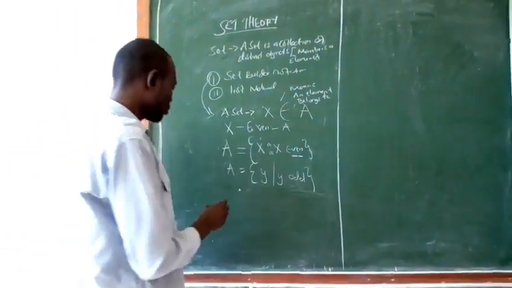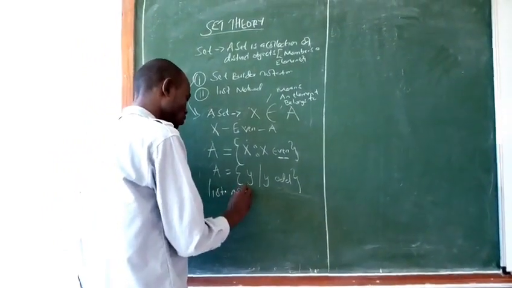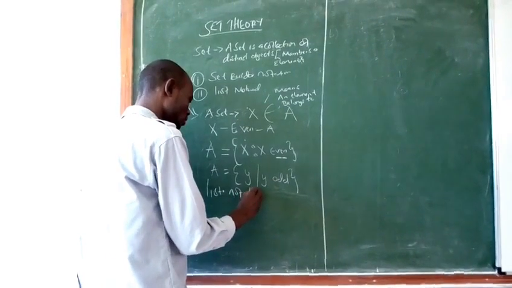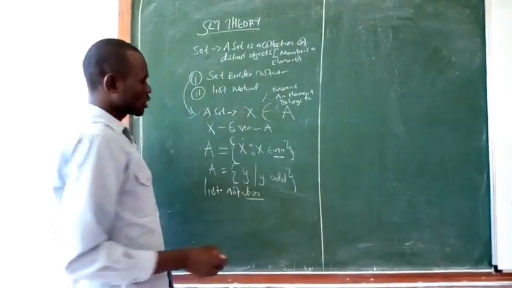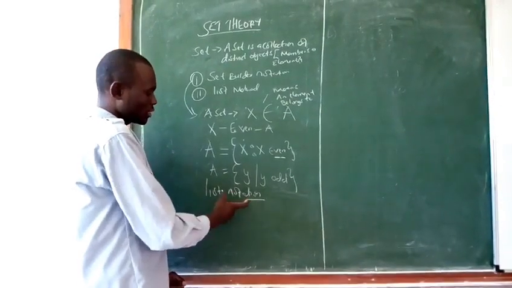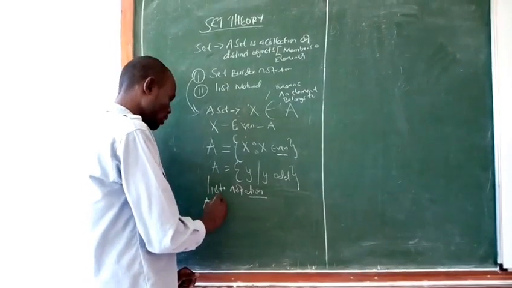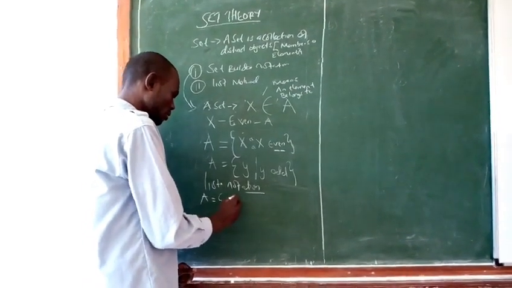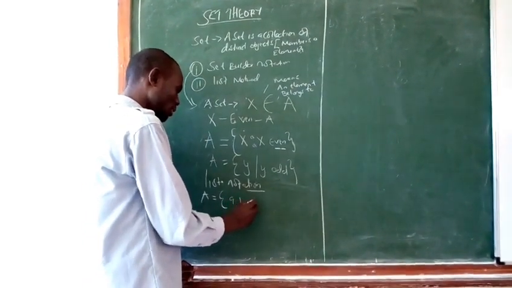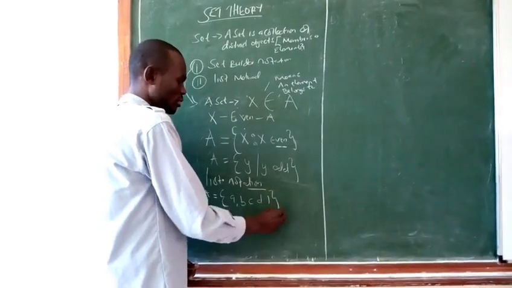Then the second one, talk about the list notation or list method. Under the list notation, this is where there is no common feature in between the elements. Let's say A comprising of elements A, B, C, D, and 1.